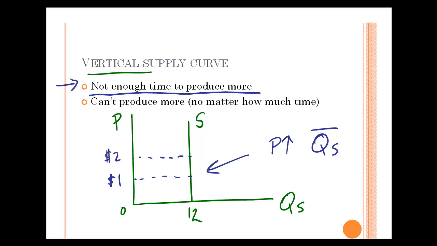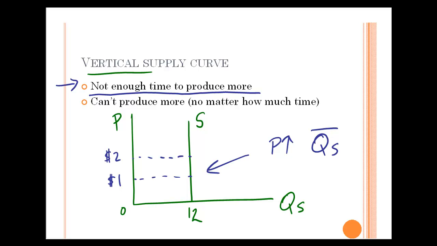That supply curve says that as price goes up, quantity supplied is not changing, because the time period may be so short that you can't actually produce more units of this good.